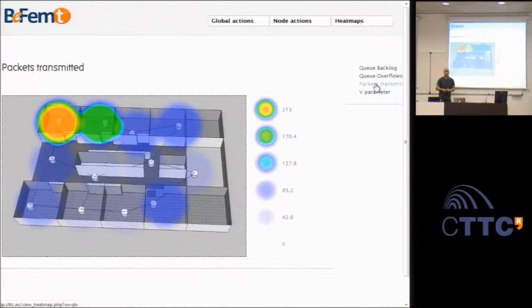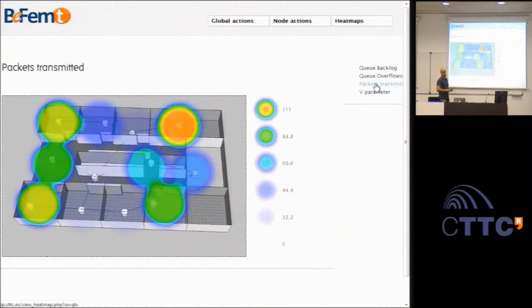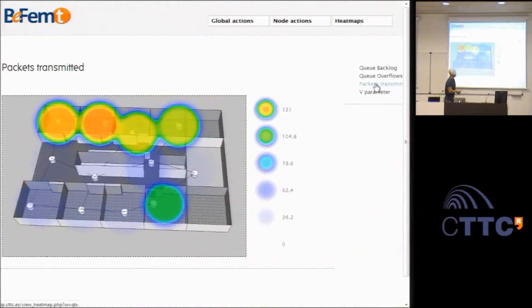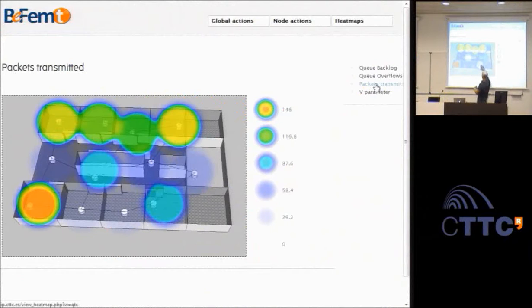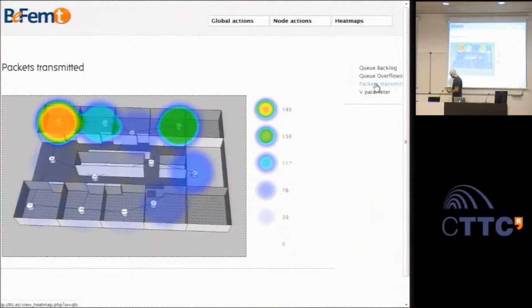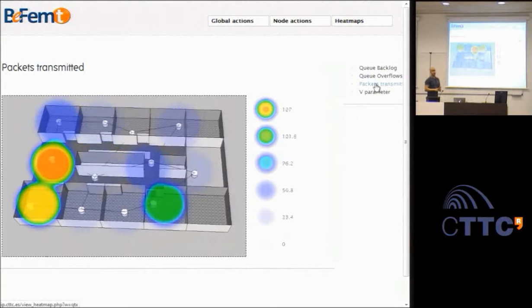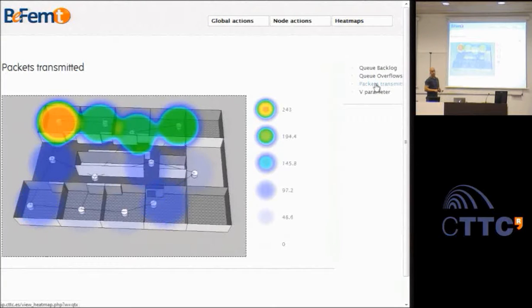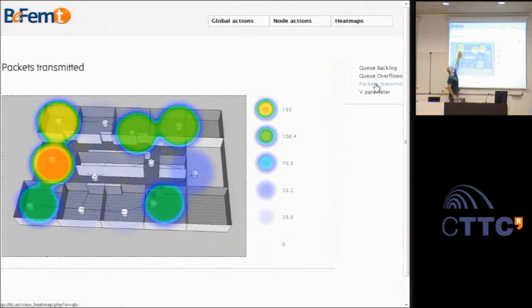This experiment illustrates the injection of 3GPP flows. One flow sent from this node, other flow sent from this node, and another flow sent from this node. In this case, we still have one node able to pull packets from the network, which is this node.